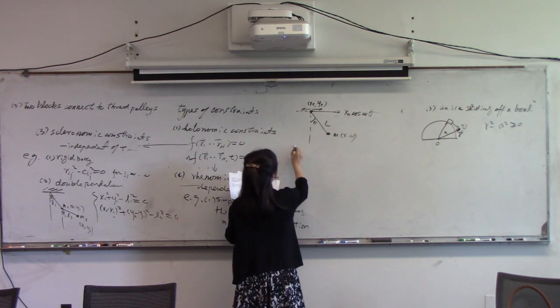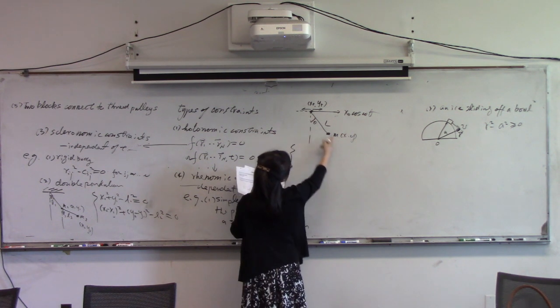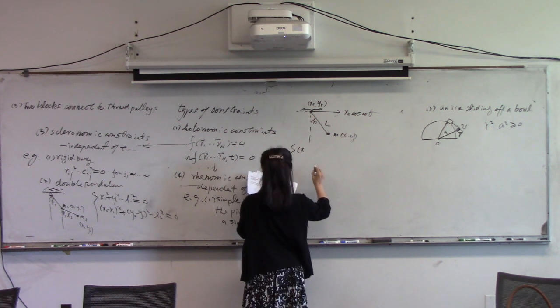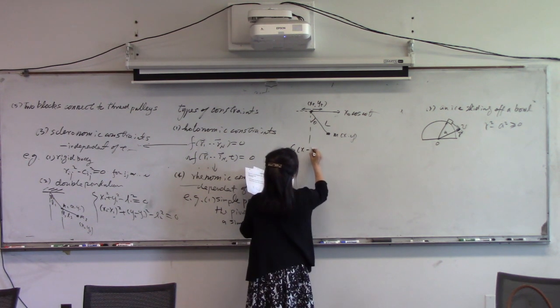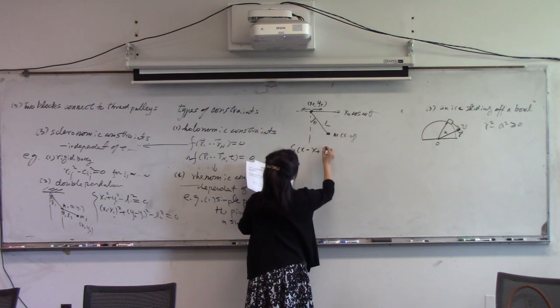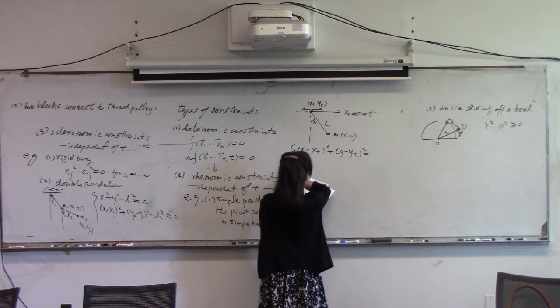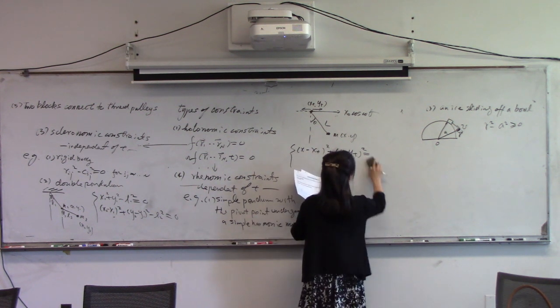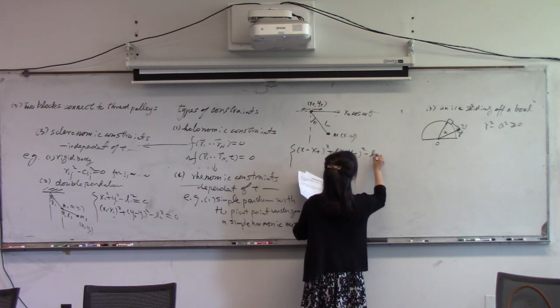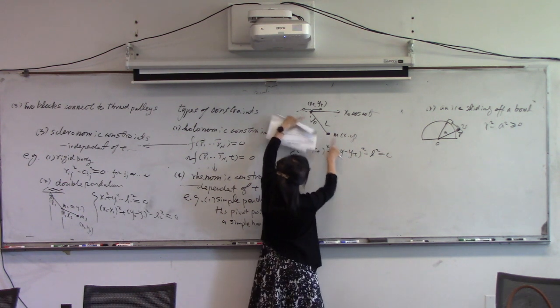So in this case we have the constraint. We still keep X minus X(t) squared plus Y minus Y(t) squared minus L squared equal to 0. That is key.